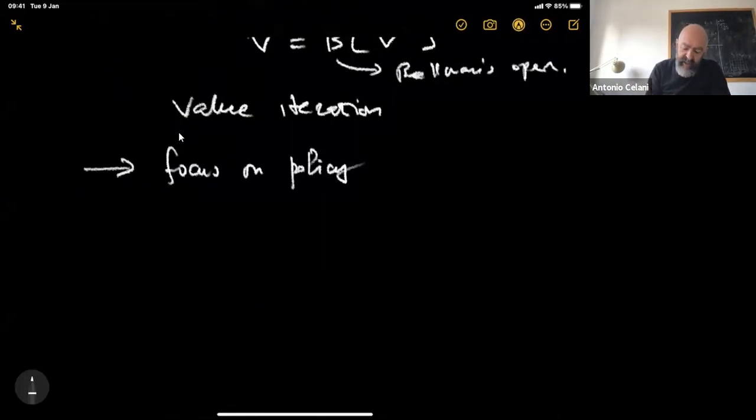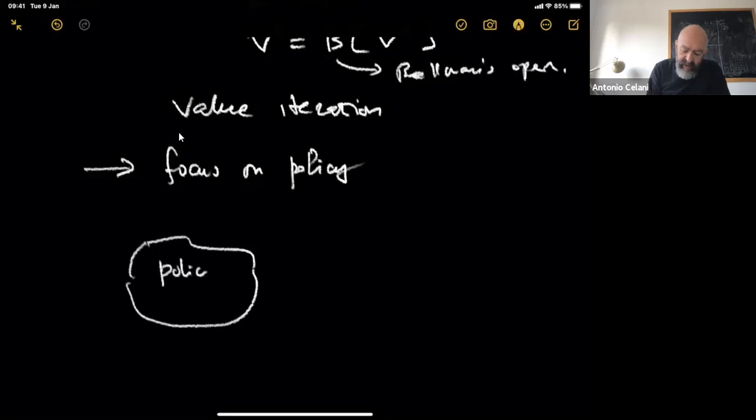So what is the idea? Well, the idea is that in abstract terms, there is some set, which is the space of policies. So all policies live here. A point here is a collection of probability distributions for actions given states.